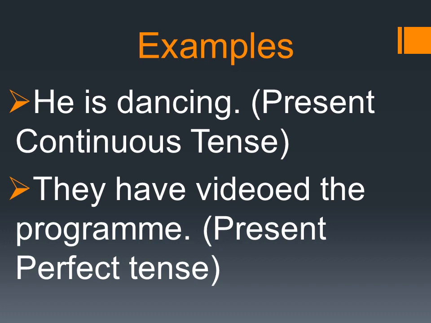They have videoed the program. So here videoed is our ordinary verb or main verb, and with that we have used have, a form of have which is given here with videoed. So with ordinary verbs we can use the forms of be and have.